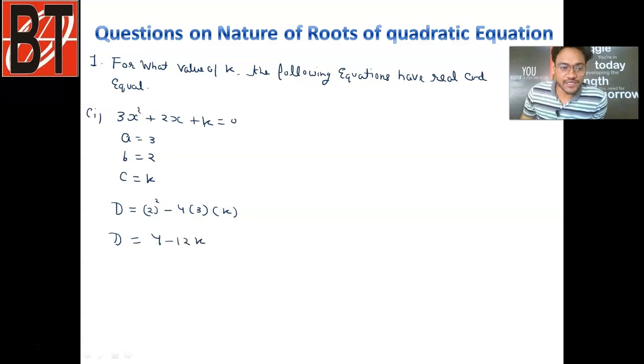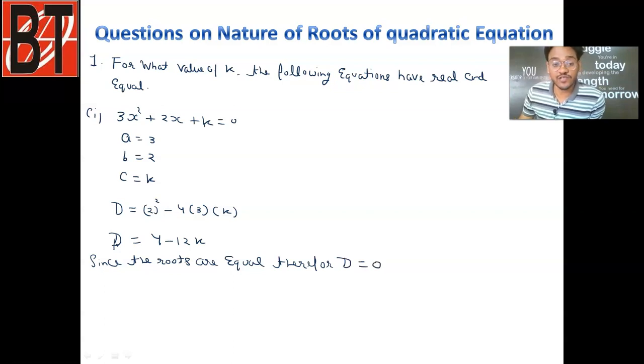Now students, we will write, since the roots are equal, therefore D should be 0, the discriminant should be 0, the b square minus 4ac should be 0. So yes, we will write that D is 0.